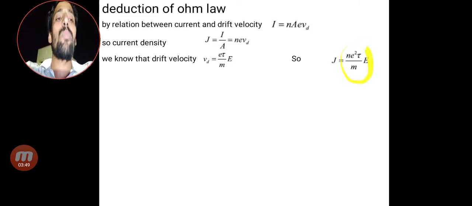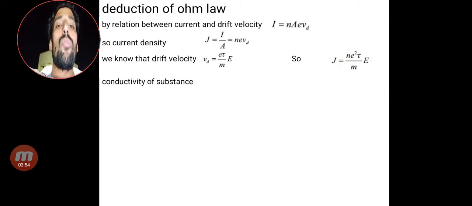So the whole term will be constant, and its value is the conductivity of the substance, which is represented by sigma. So J equal to sigma E. Sigma is the conductivity of the substance.